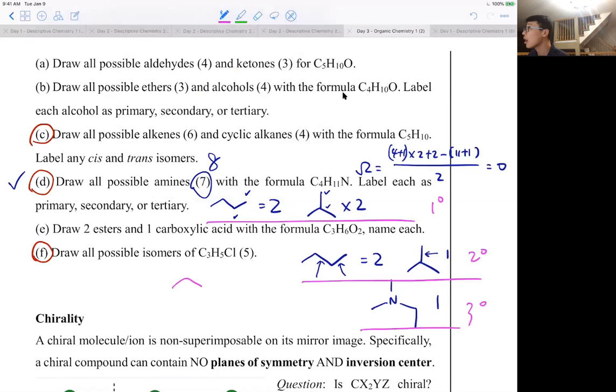Let me try. Wow, you are right. Good point. Yes, this one is chiral. So there are 9 in total. Wonderful. Okay, guys, let's finish D and then we will end the class today, okay?